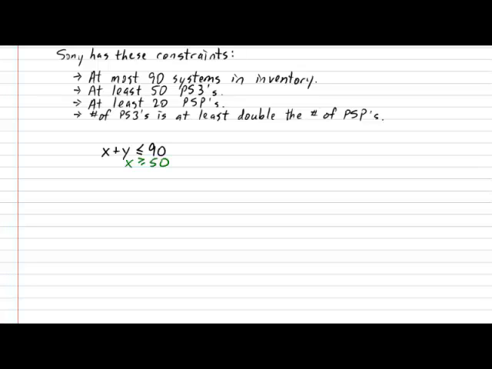So this leads to a very easy inequality of y has to be at least 20. And the final constraint states that the number of PlayStation 3s has to be at least double the number of PlayStation Portables. This leads to the inequality x has to be at least the double of y.